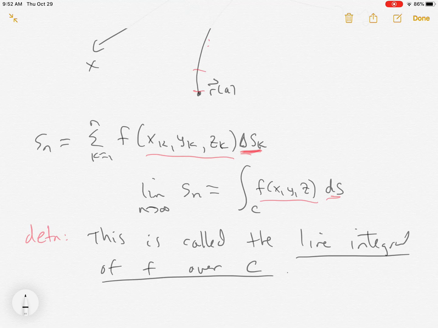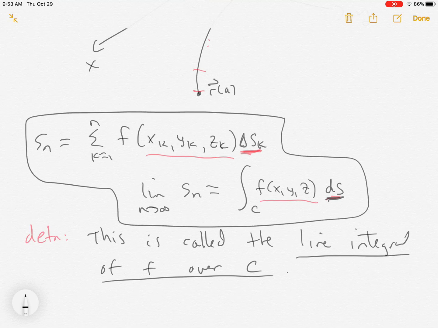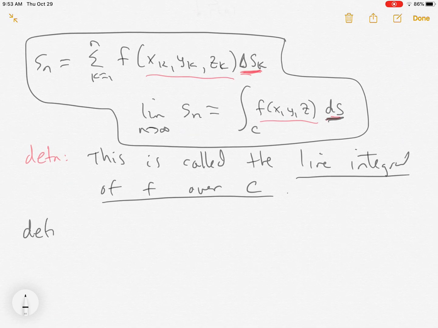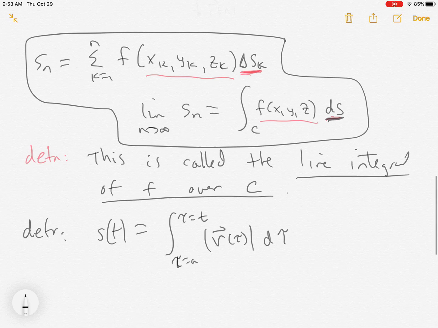Now remember, we use this s to make these computations easier, and sure enough, this construction is due to the fact that s sub k is so well defined. But the definition of s of t is the integral from tau goes from a to t of the norm of v of tau d tau, where the v function is the derivative of the curve, right?